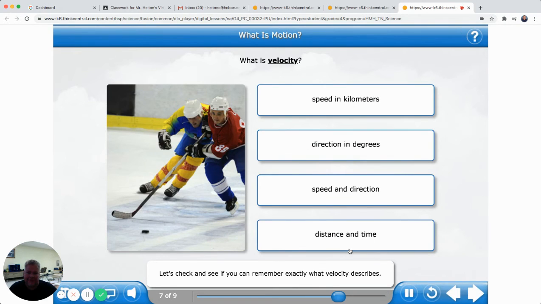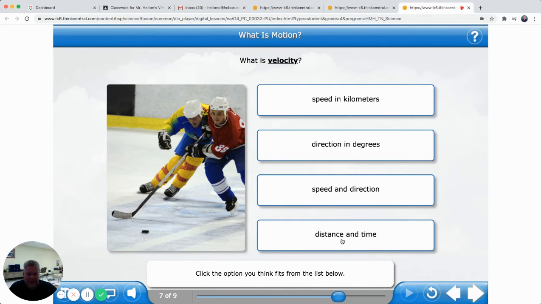Let's check and see if you can remember exactly what velocity describes. Click the option you think fits from the list below. Velocity. I'm forgetting. Is it speed in kilometers, direction in degrees? I don't remember hearing anything about degrees. Speed and direction, distance and time.